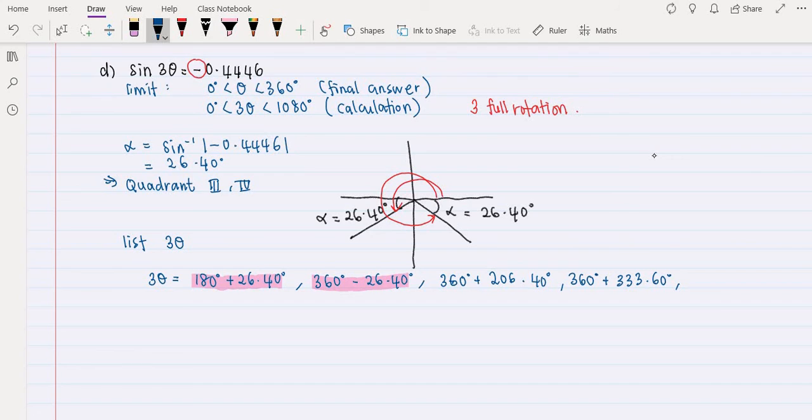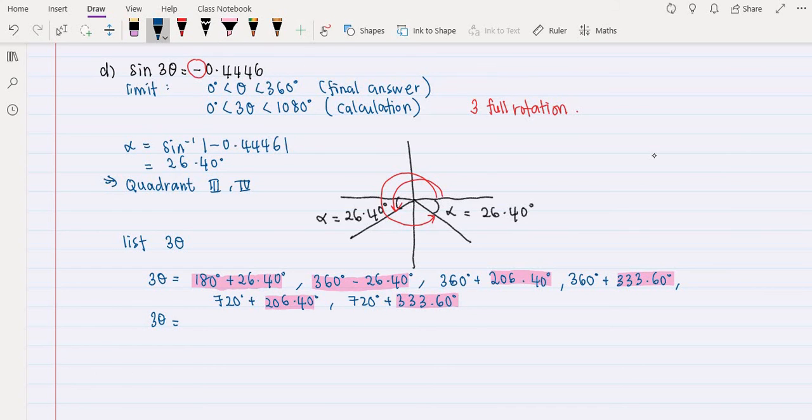That is for our second rotation. And for the third rotation, we just add up two full rotation to the first rotation, and then we will have 720 degrees plus 206.40 degrees, and then 720 degrees plus 333.60 degrees. Okay, so take note, where do I get this value? So now we can just list up, just calculate everything.